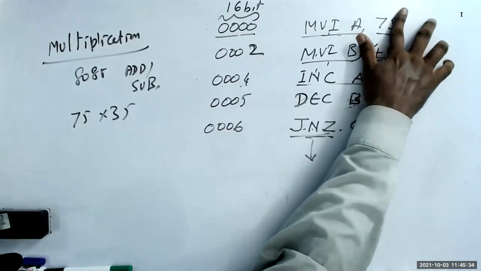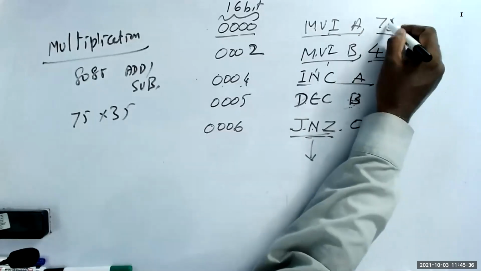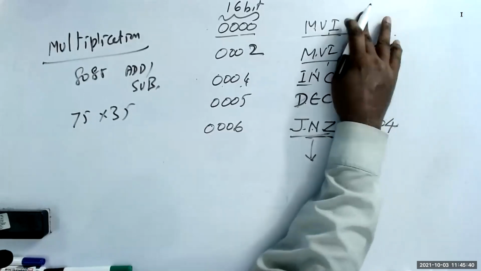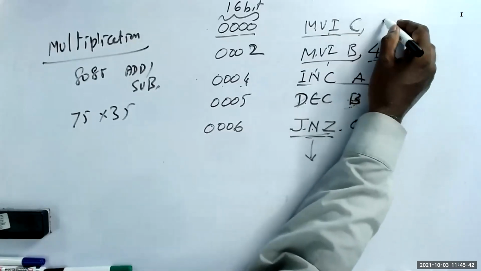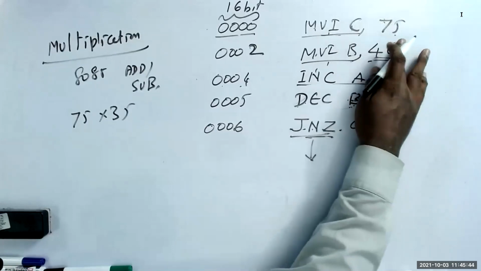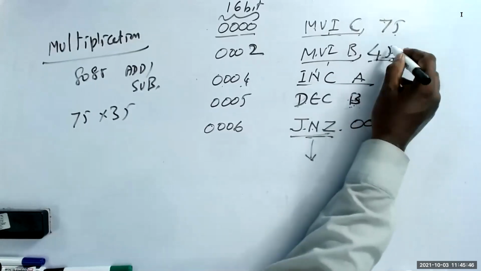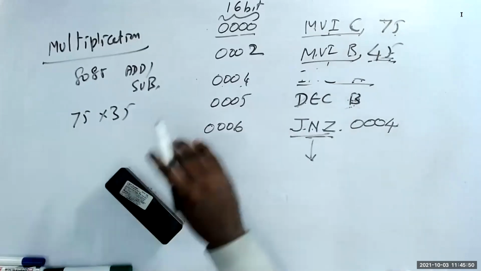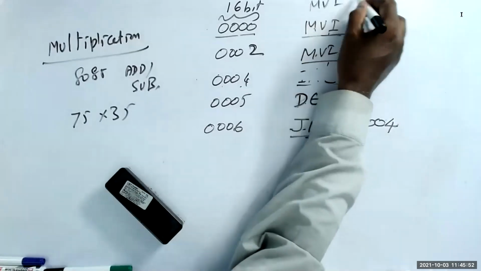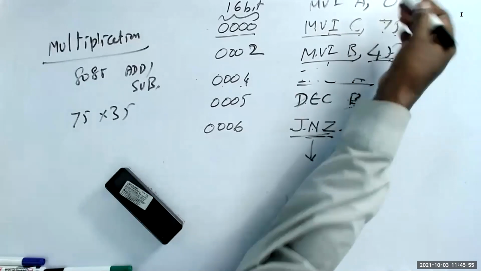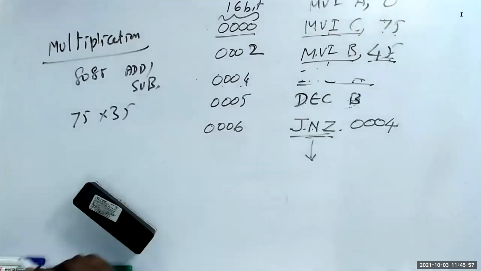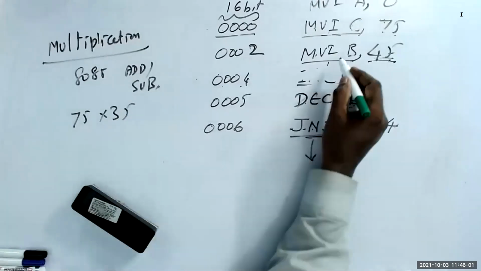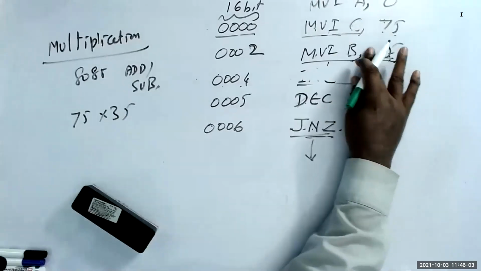You say move immediate C, 75. B, 45, I mean 35. I'll say move immediate A, 0. I move 0 into A first. Then I move 75 into C and 35 into B. I multiply only this.